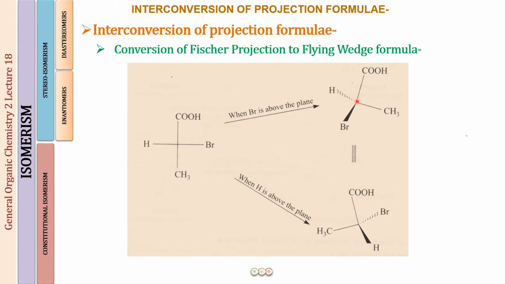Okay, so looking at the representation, what we get a feeling is, well, this is a group which is closer to us and this is far away. So we are looking at the molecule, this one is closer, this is far away, so we draw this a bit lower than this one. So this is how the drawing is. Okay, so always make the dash on the top and the solid wedge slightly below that. Perfectly clear, first of all, how you are going to draw that.